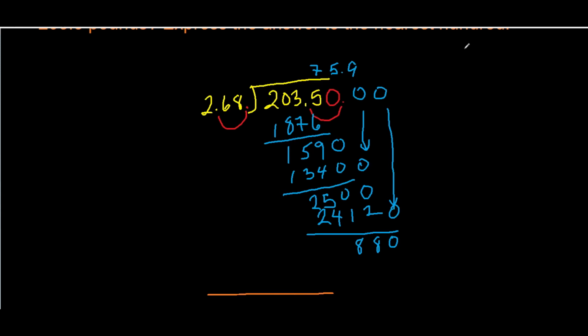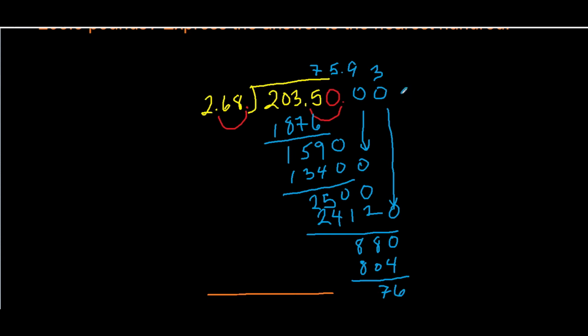So now we want to say how many times will 268 go into 880, and we're going to say 3 times. And 3 times 268 is 804. And it still leaves you 76.